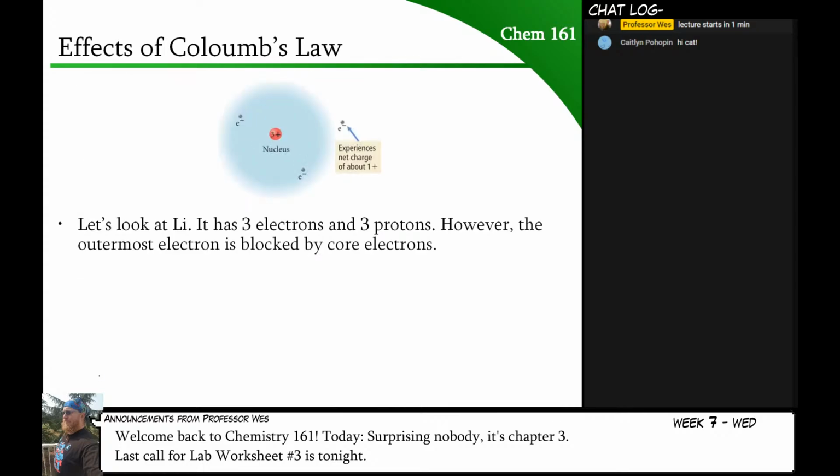So, shown on this screen here, you can calculate that Z effective would be, you can see what the answer is right there, but if it's lithium, there are 3 protons in the nucleus. For my valence electron right here, there are 2 electrons that are closer to the nucleus, pushing it away. That's my effective nuclear charge.